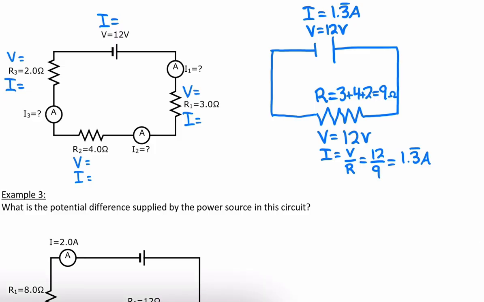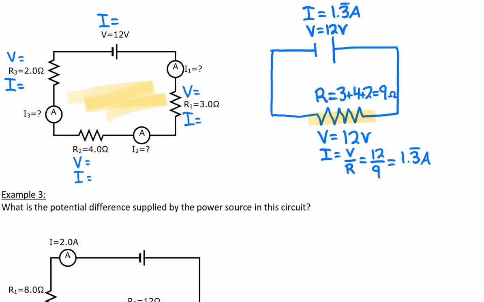And this is where these equivalent circuits become really useful. None of this information that I found at my resistor really directly translates onto my original circuit, because that resistor is not in my original circuit. This 9 ohm resistor was something we made up. It doesn't occur over here.